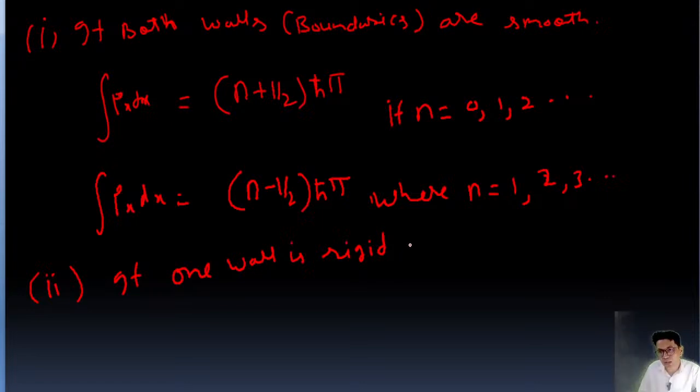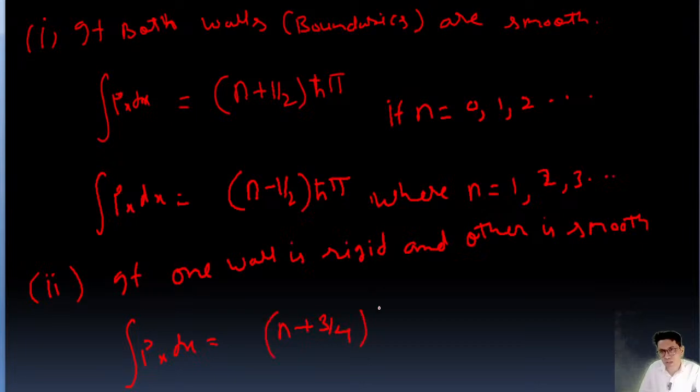So if one wall is rigid and the other is smooth, in that case the value of the integral of p dx is going to be n plus 3 by 4 h cut pi, and n starts with 0, 1, 2.